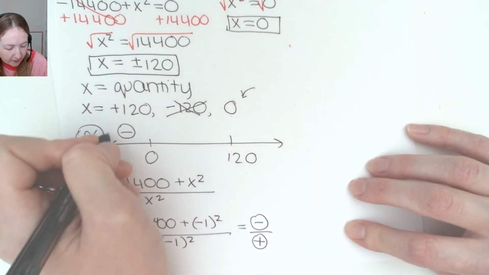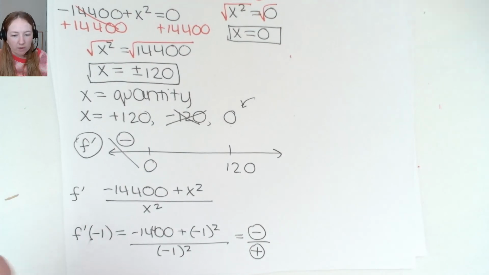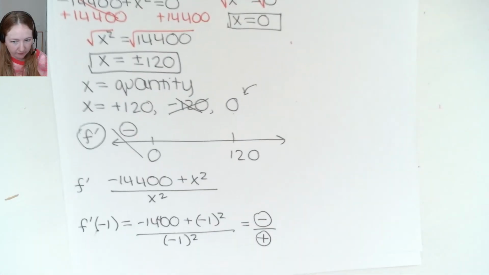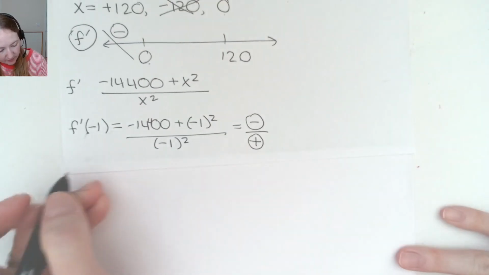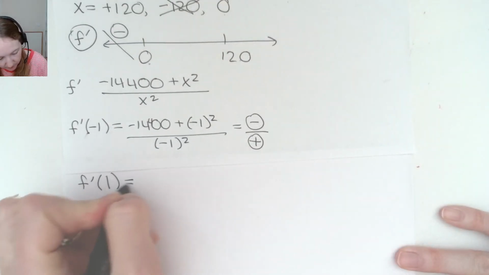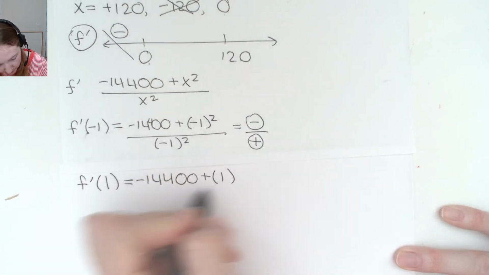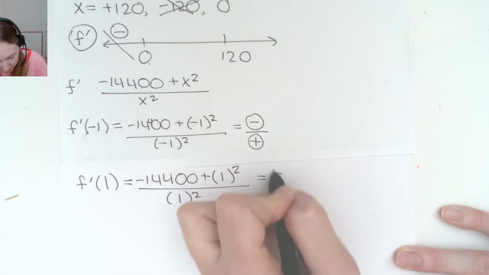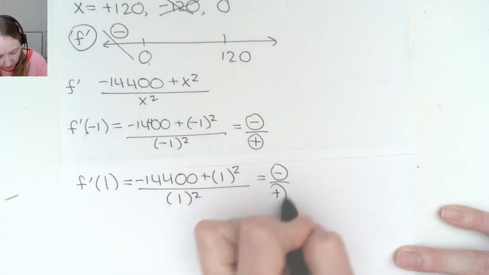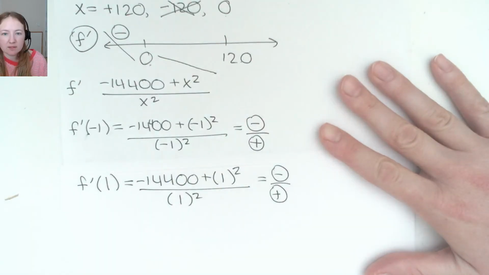So that negative would tell us that we are decreasing. Meanwhile, from 0 to 120, plugging in 1, we would get negative 14,400 plus 1 squared over 1 squared. That would also give us a negative over a positive. So that would tell us that we are continuing to decrease.